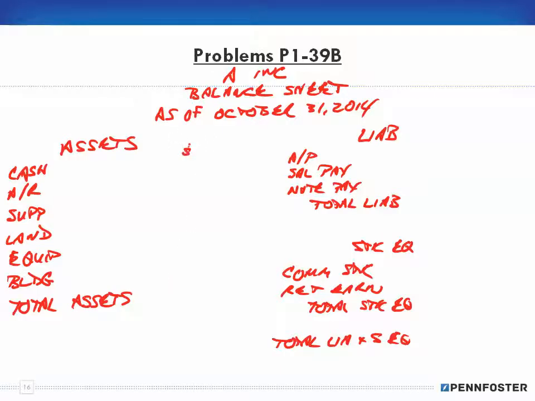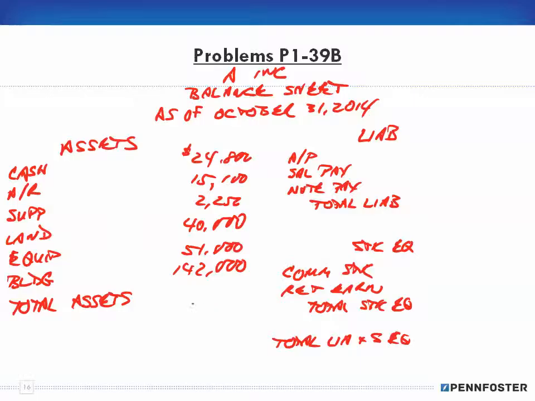So the first number in the column begins with the $, and that's 24,800 for the cash, 15,100 for receivables, 2,250 for supplies, 40,000 for land, 51,000 for equipment, and 142,000 for the building.